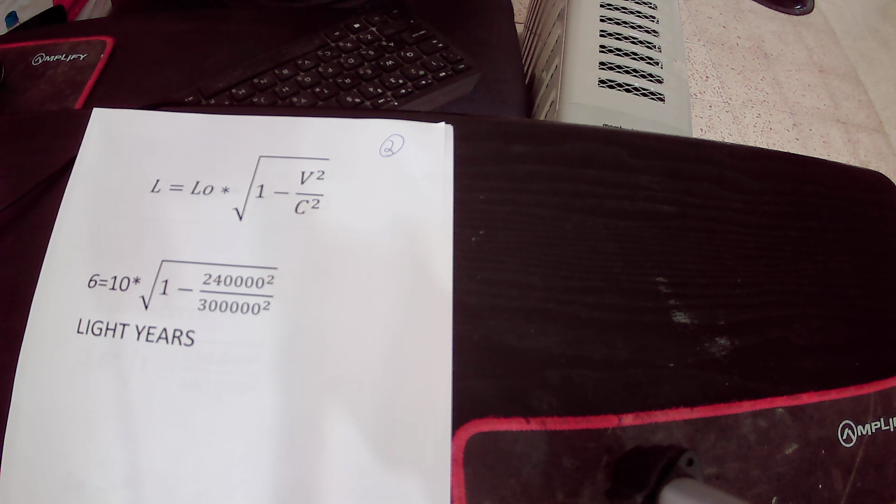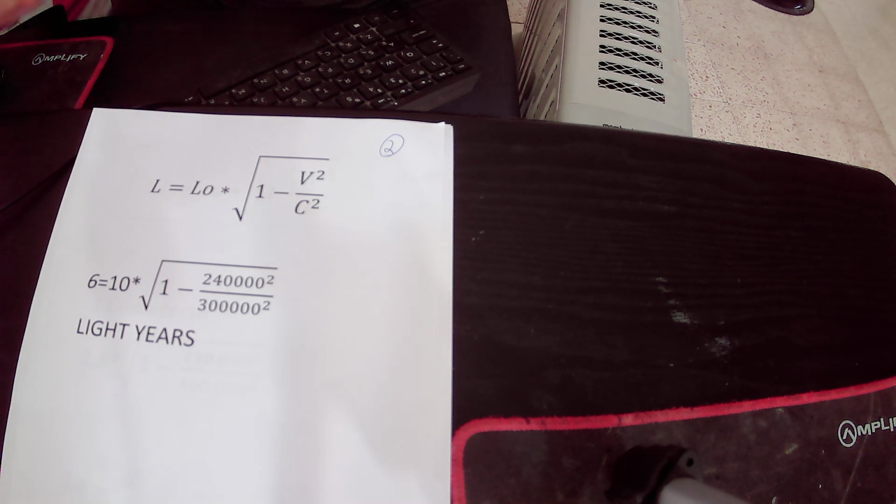Okay? Because according to the special relativity, when you measure the distance between two objects, you will get the result, but that result that you get will be shrinked if one of the objects is moving towards the other object.